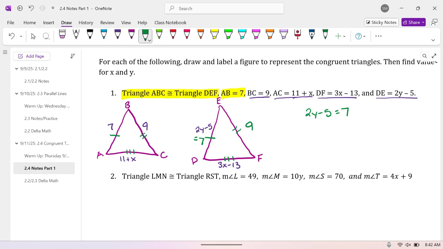We just don't know what the y is. So if we solve it very quickly, we would get 2y equal to 12, so y is equal to 6. And if we took a minute to plug that back in, just check to make sure we get 7. 2 times 6 is 12, minus 5 is 7. So we're good. Now, how would I figure out what x is?